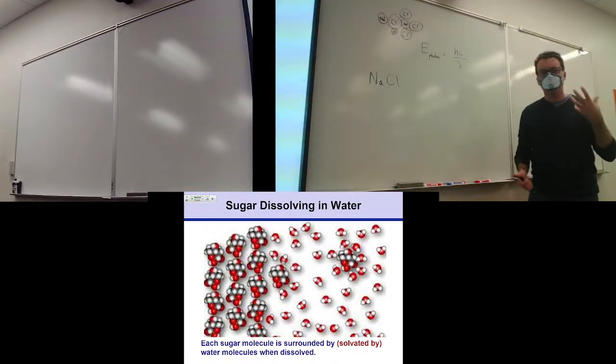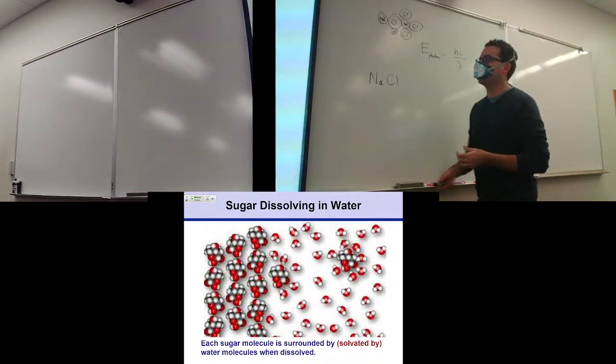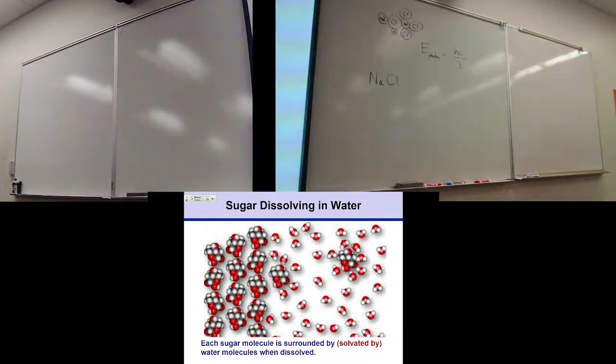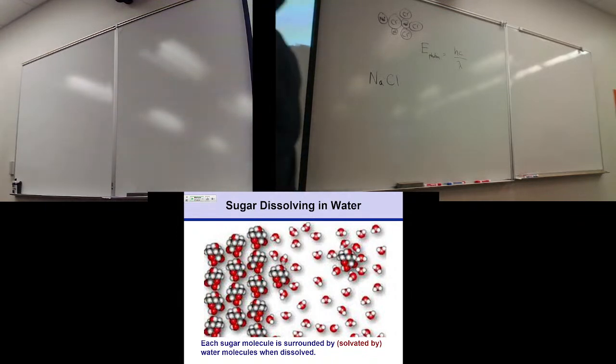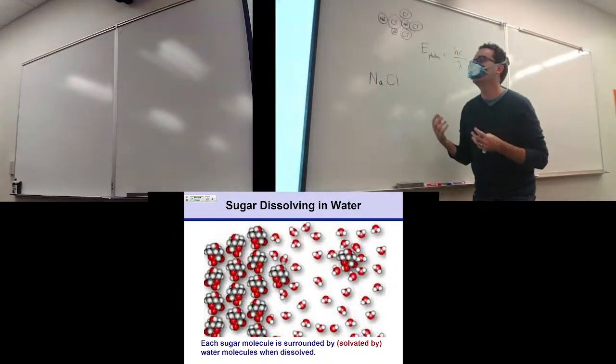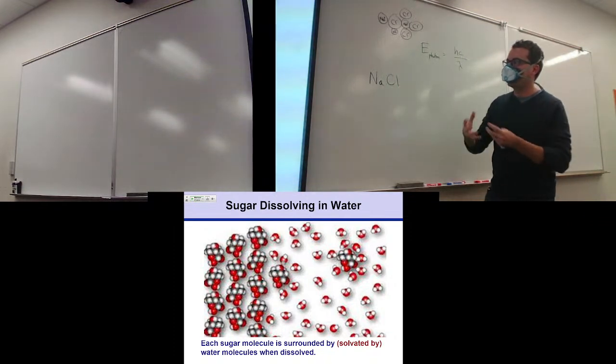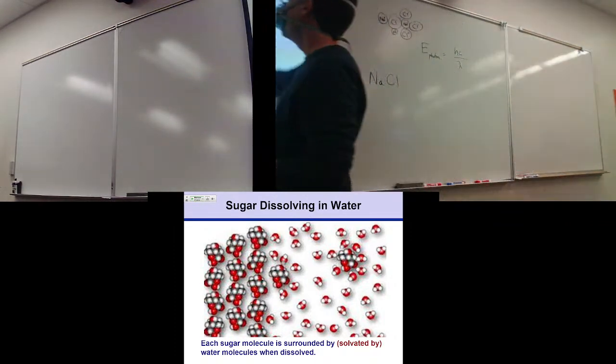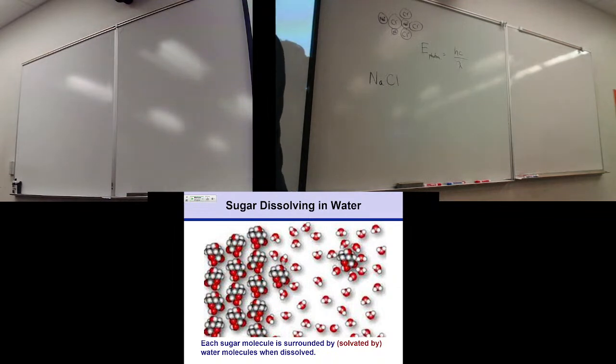And you need to be able to understand this particle level picture. So here's sugar, and this is solid sugar over here, sucrose. When it's dissolved in water, the water molecules come in and start pulling apart the solid, but they don't break the particles. So there's still a whole sucrose molecule here.